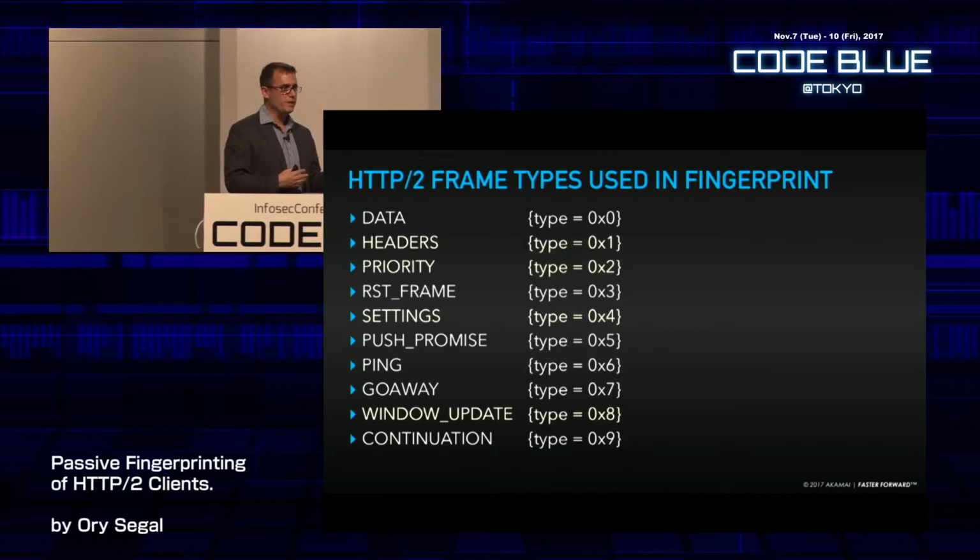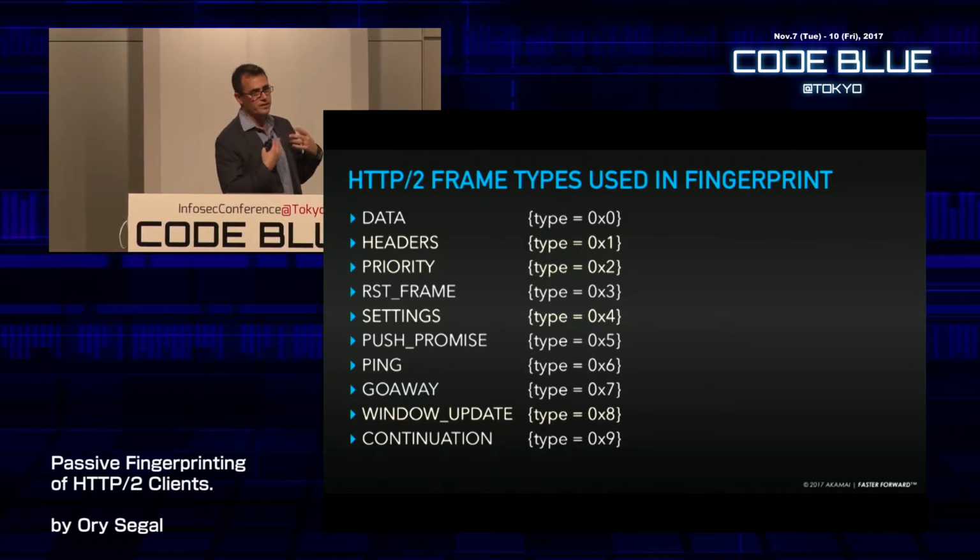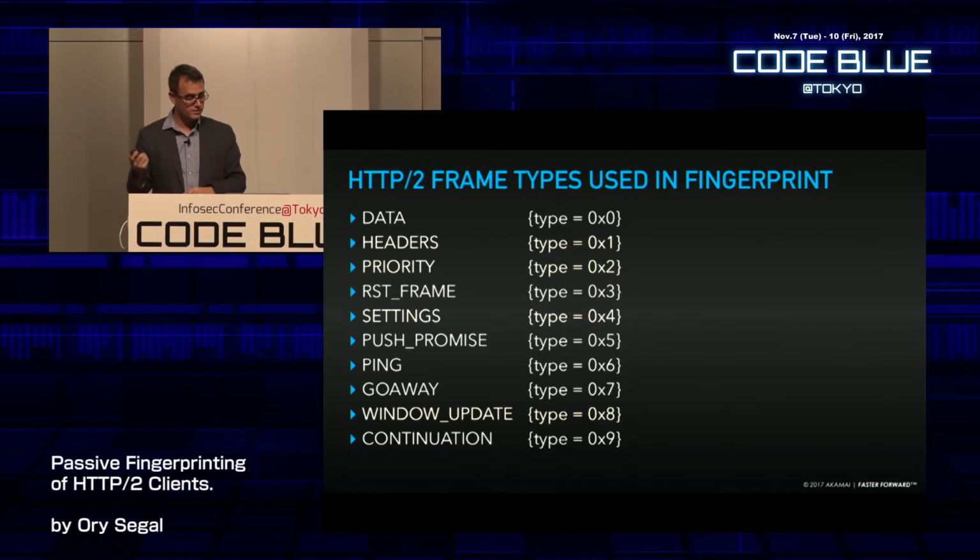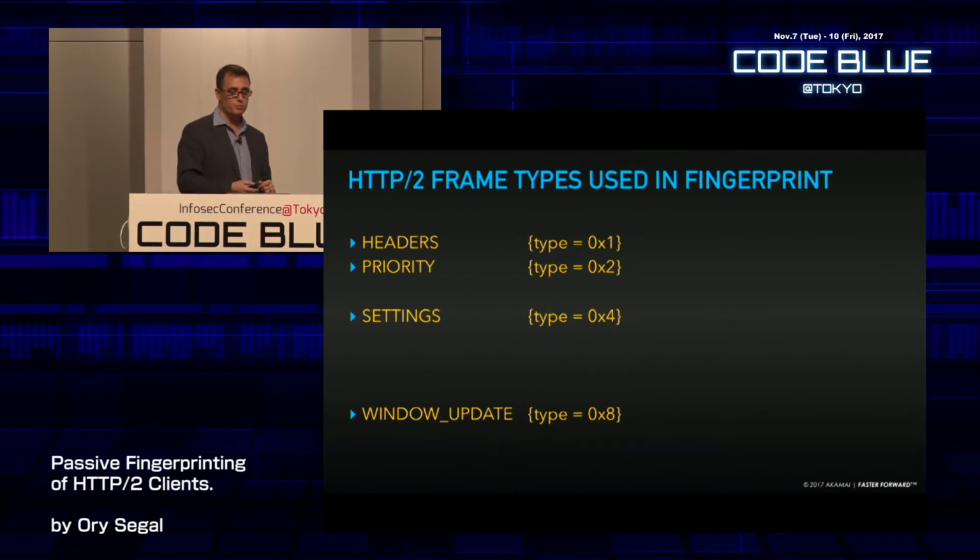And obviously to be unique, to have enough entropy so that I will be able to separate between the different clients. So out of these frames, the only ones that we could use for the fingerprinting were the headers frame, the priority frame, the settings frame, and the window update. Fear not, I'm going to explain at a very low level now how they are being used.